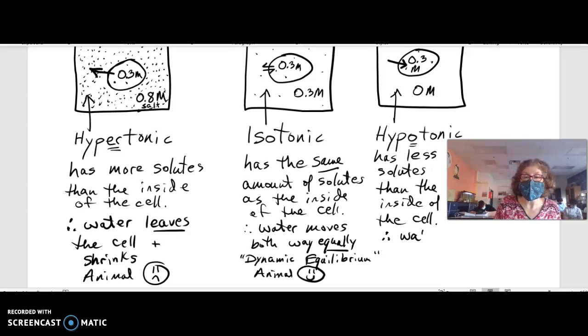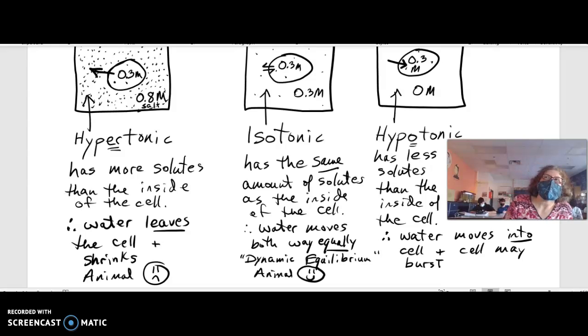So water moves into the cell, and the cell may burst. Not really apoptosis. Apoptosis is something sort of different.